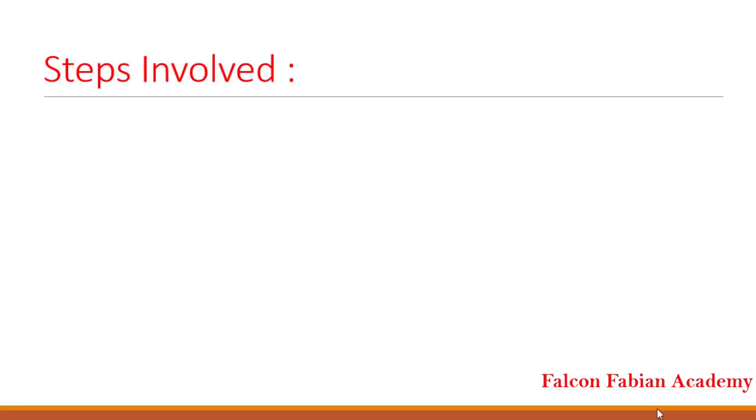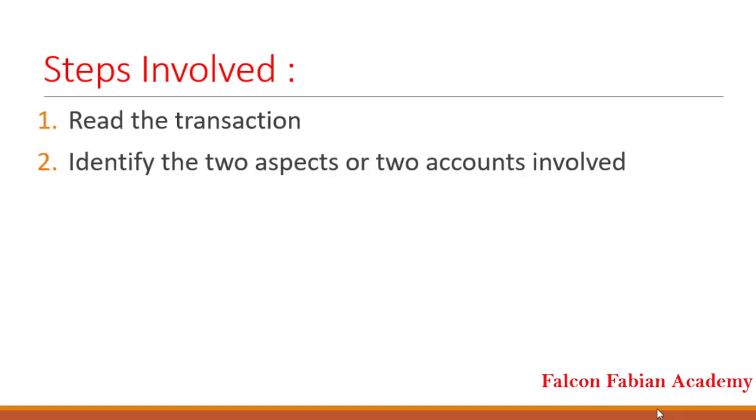So whenever you are recording an entry, there are a few steps which you can follow. I have listed them down. If you want, you can make a note of them and follow them whenever you're recording an entry. So the first step is to read the transaction. The second step is to identify the two aspects or the two accounts involved in that transaction.